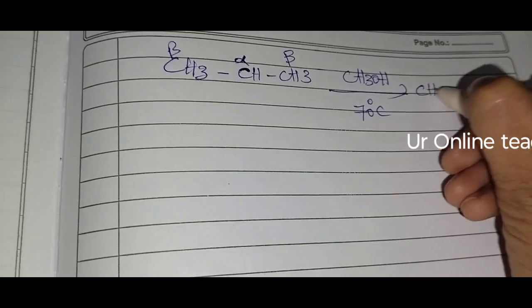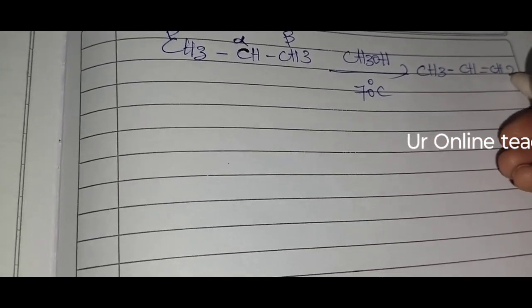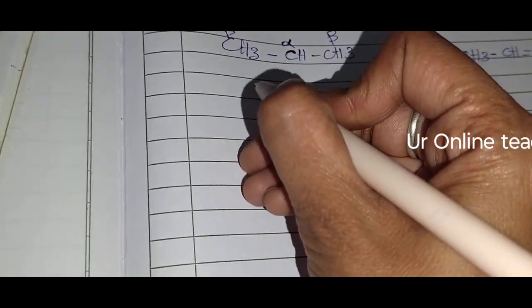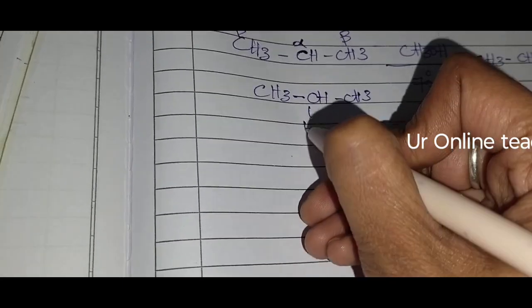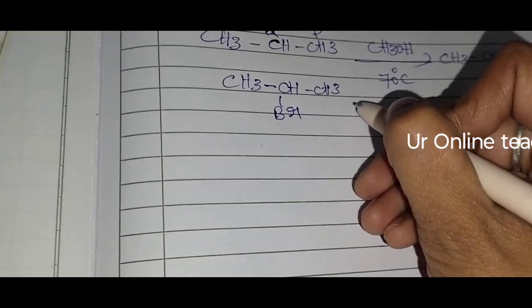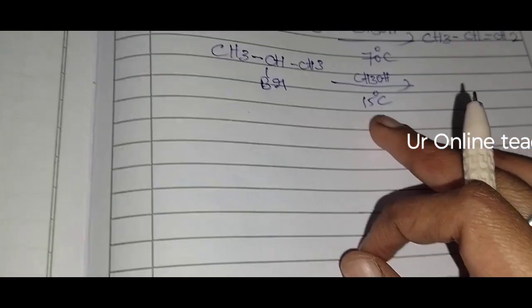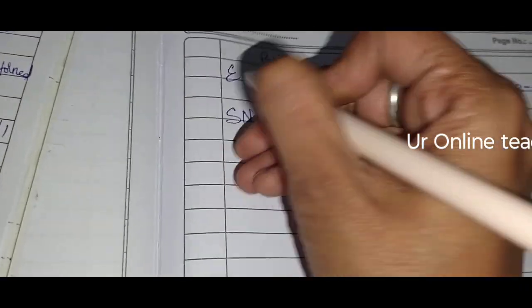What is formed? CH3 CH double bond CH2. Then one more example, CH3 CH3 Br in the presence of CH3OH at 15 degrees. At low temperature it is an SN1 reaction, and at high temperature it is an E1 reaction.